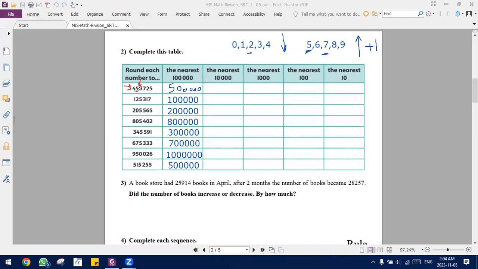Then anything after the underlined value will be 0. So should I write 4? Yes. 5, should I write it, or is it 6? No, it's round down, so we keep it as 5. And then how many values after the underlined one? 1, 2, 3, 4. So we add 4 zeros. So 450,725 rounded to the nearest 10,000 will be 450,000.